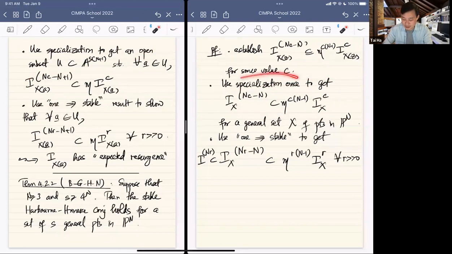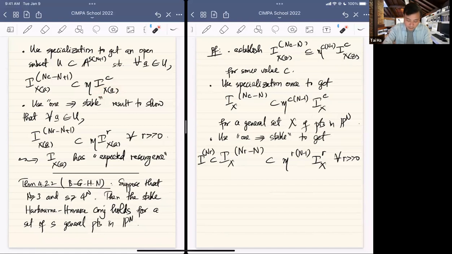I'm just lazy, so here I write a shorthand. As I said before, when you have XZ being the generic set of points, every time you specialize, meaning you replace Z by some A, you get XA. And of course, every set of points in Pn comes in this way: for every set of points in Pn, there's some A such that when you specialize XZ to A, you get the given set of points.